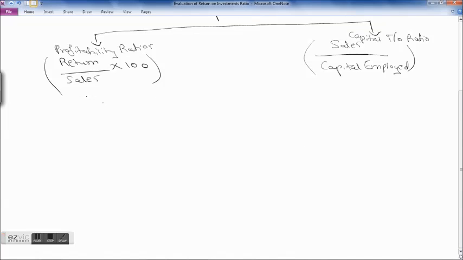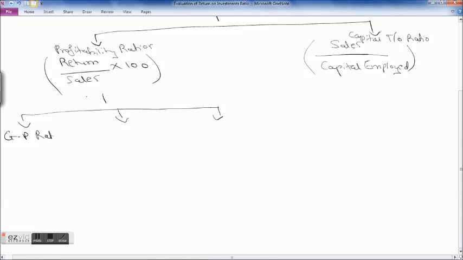Now this profitability ratio can again be bifurcated into your gross profit ratio, then you have net profit ratio, and operating profit ratio.